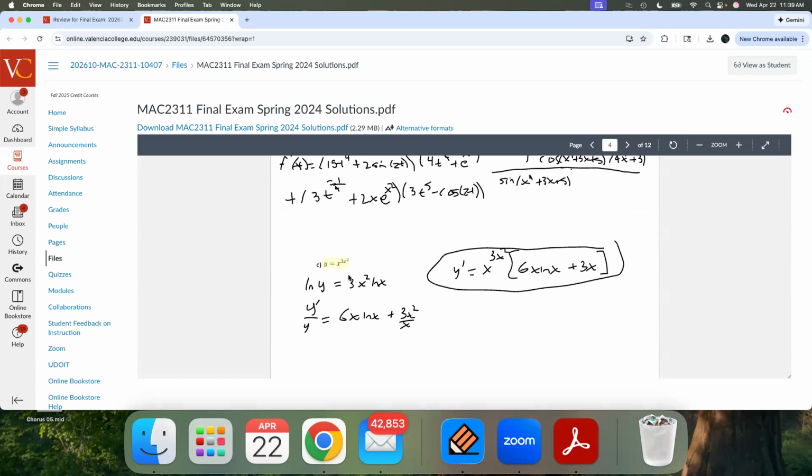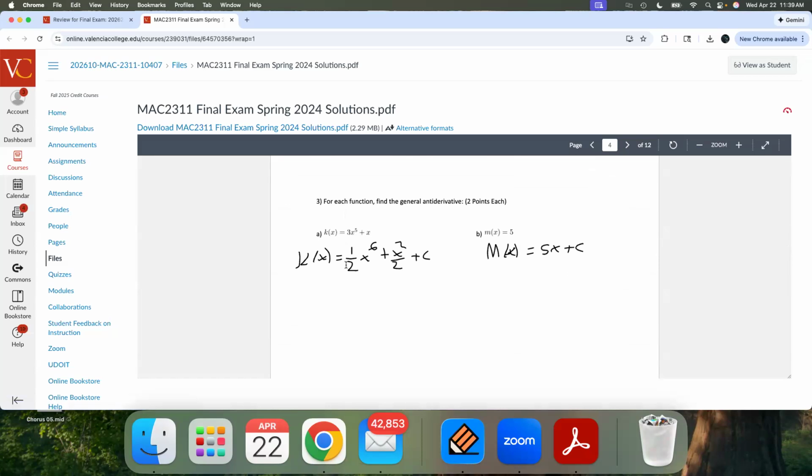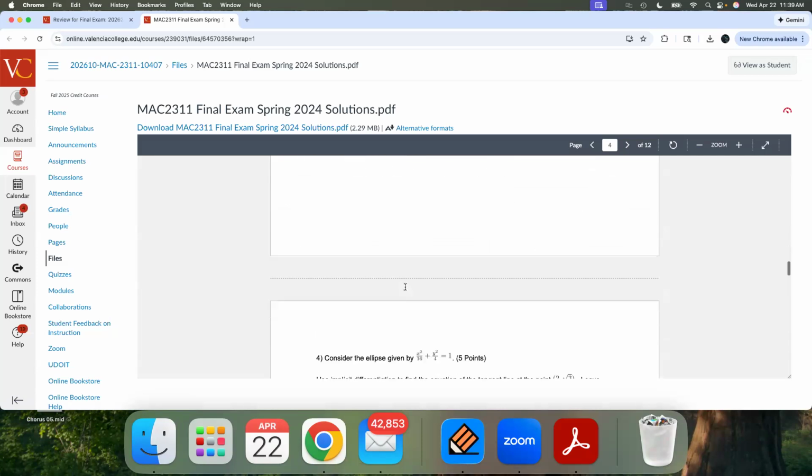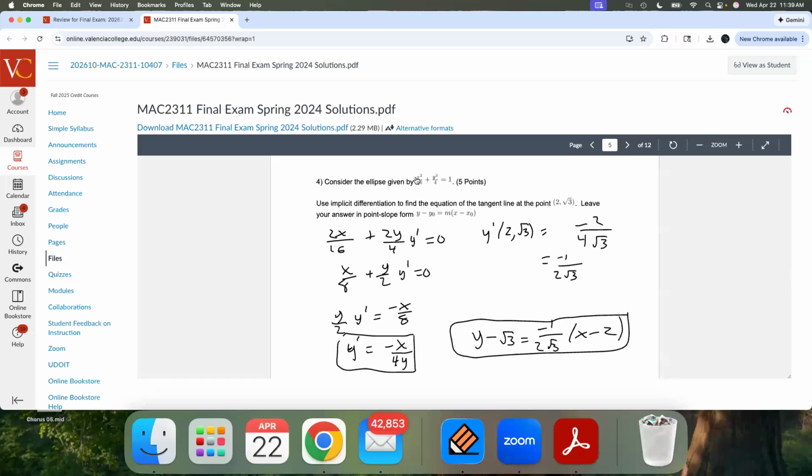Here's one where I have to use logarithmic differentiation. If you have your variable raised to a variable, you're going to have to use logarithmic differentiation. Remember, when you're doing antiderivatives, don't forget the plus c.